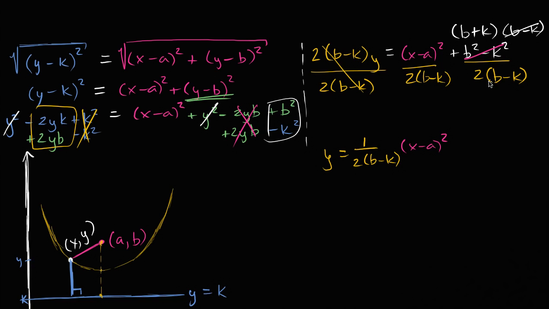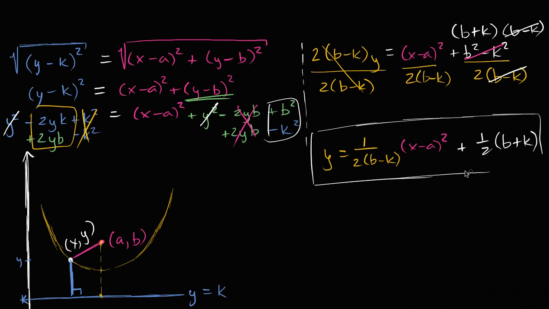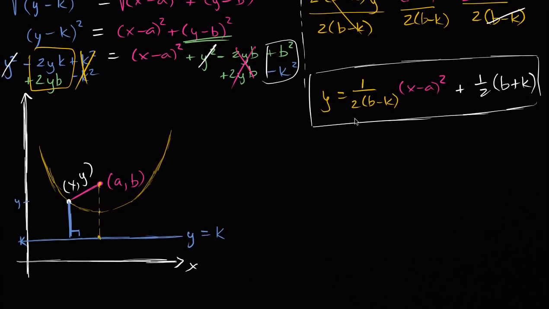So the b minus k's cancel out, and we deserve a little bit of a drum roll, we're just left with 1/2 times b plus k. So there you go. Given a focus at the point a comma b and a directrix at y equals k, we now know what the formula of the parabola is actually going to be.